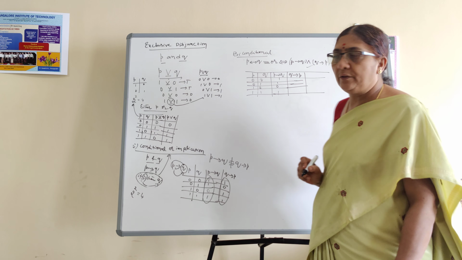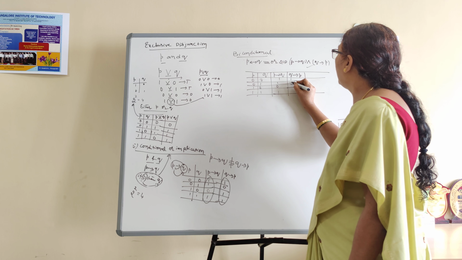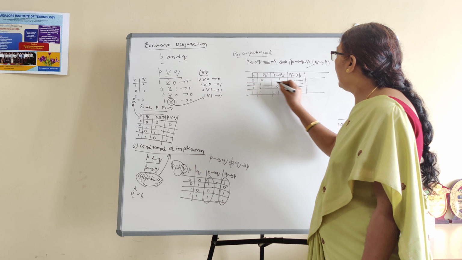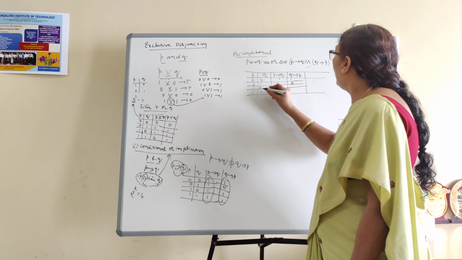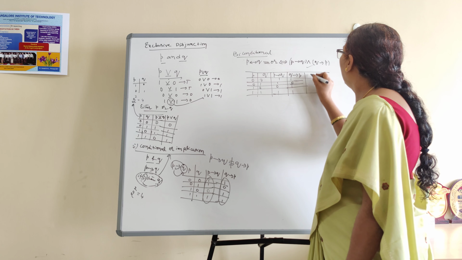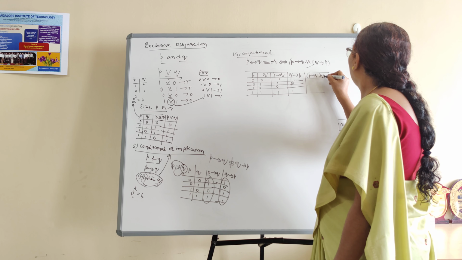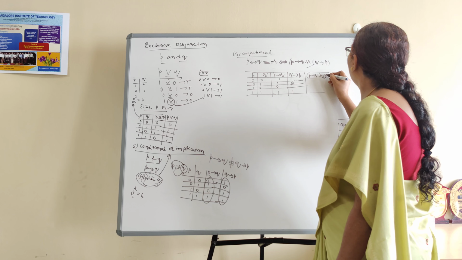Observe carefully now: this is 1 to 0, which is 0; this is 0 to 1, which is 1; this is 1. Now P conditional with Q, conjunction with Q conditional with P.